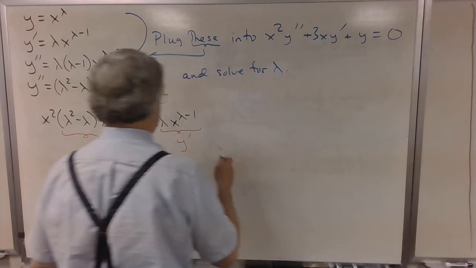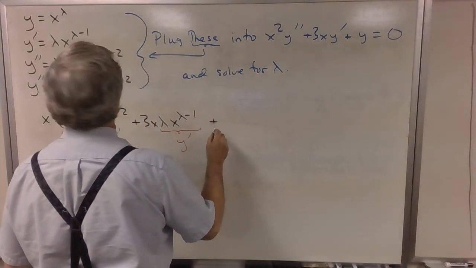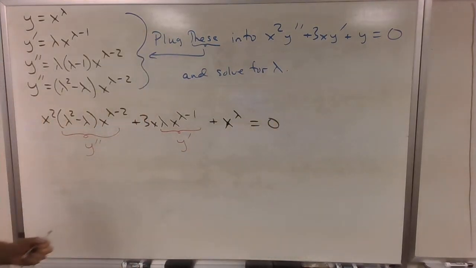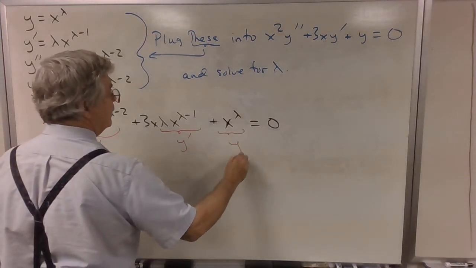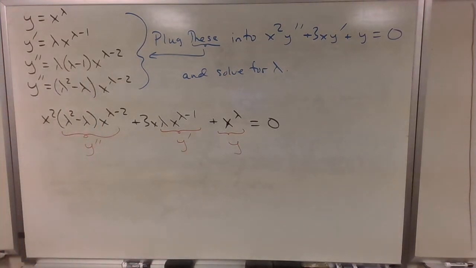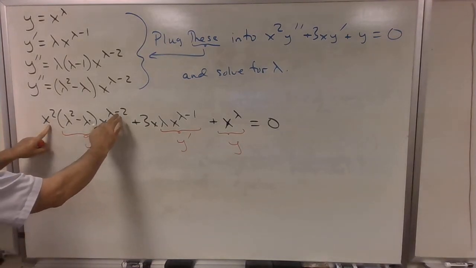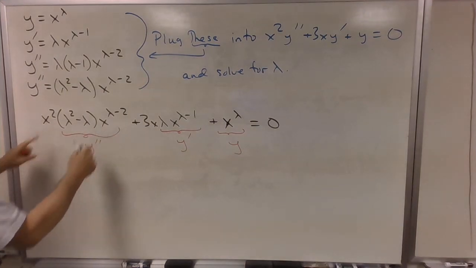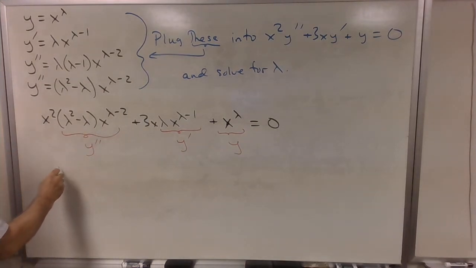And then we have y. And x squared times x to the lambda minus 2 is x to the lambda.